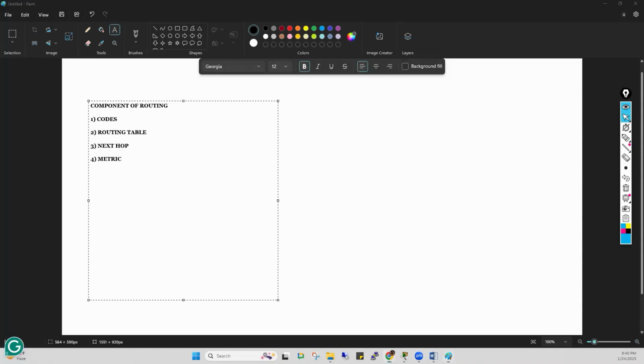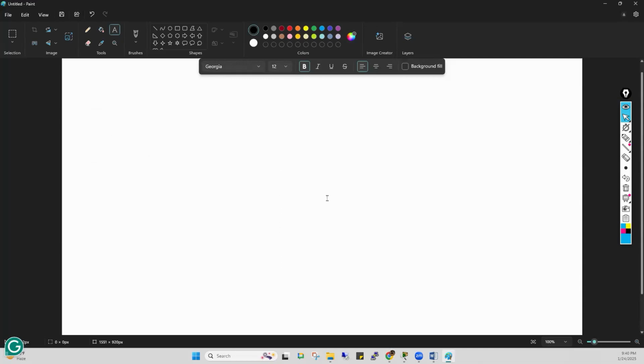And the fifth component that we need to understand in routing is AD, administrative distance. So basically these are the five components that we need to understand in routing. I hope you understand the next hop. Now we discuss the metric.